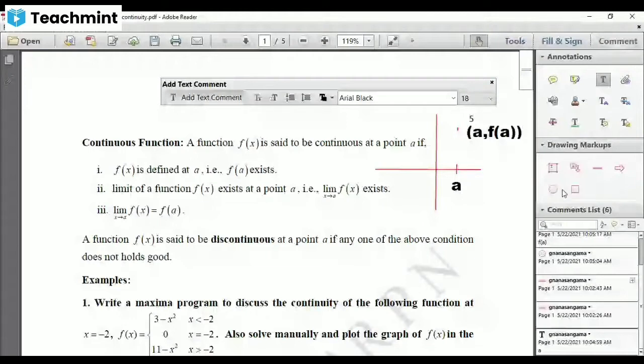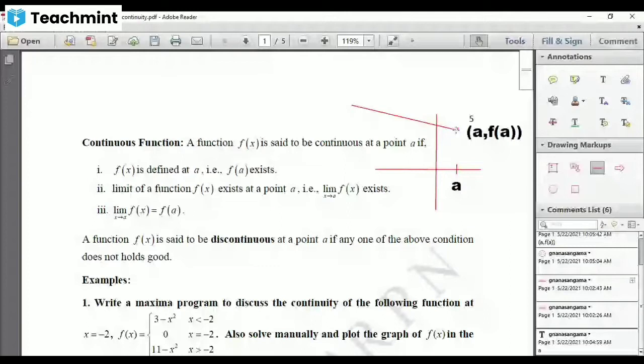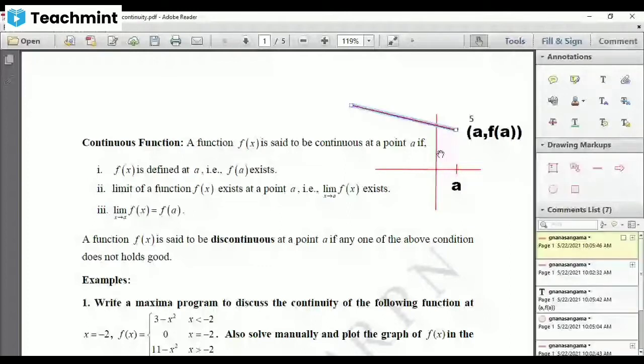Now, if you draw the curves, suppose this is the left-hand limit curve and the right-hand limit curve, which will be here. Both will come near to this. So with the left-hand limit, the right-hand limit, and the value of the function at that point also existing, all three will join together.